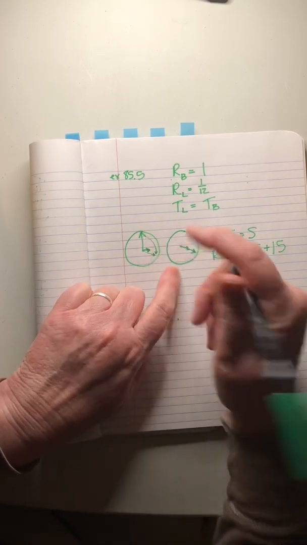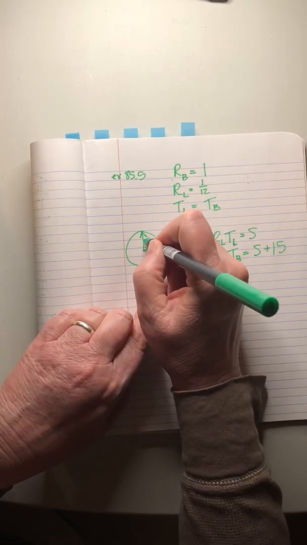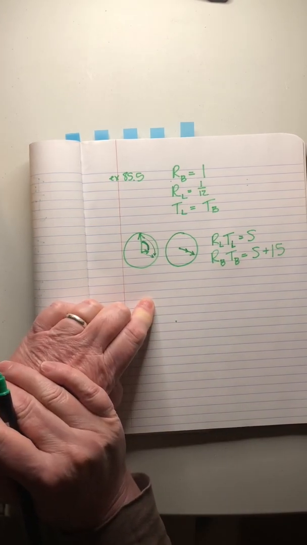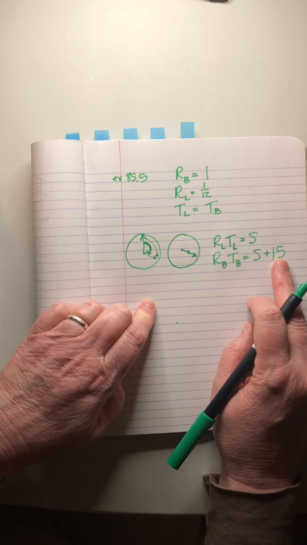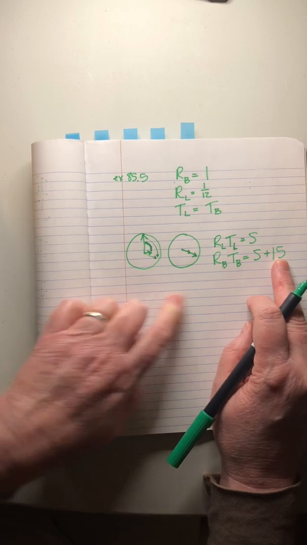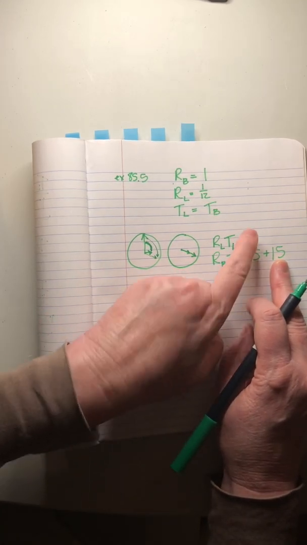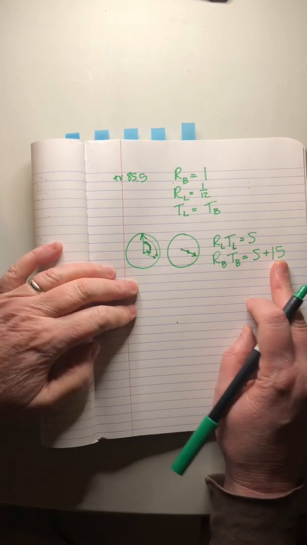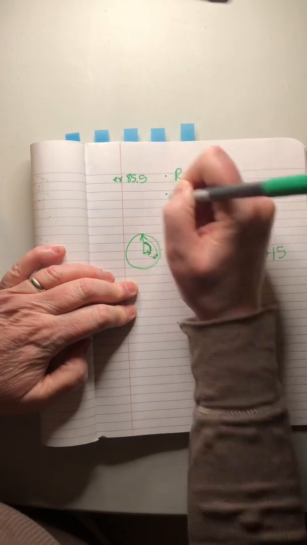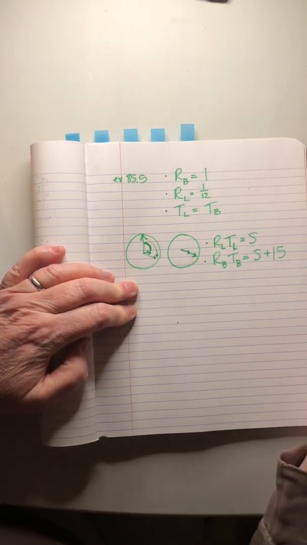So it's got to catch up these 15 minutes, right? 15 minutes per quadrant on a clock. So it's got to catch up the 15 plus move the same number of spaces as that guy. All right, so there we have our 5 equations. 1, 2, 3, 4, 5.